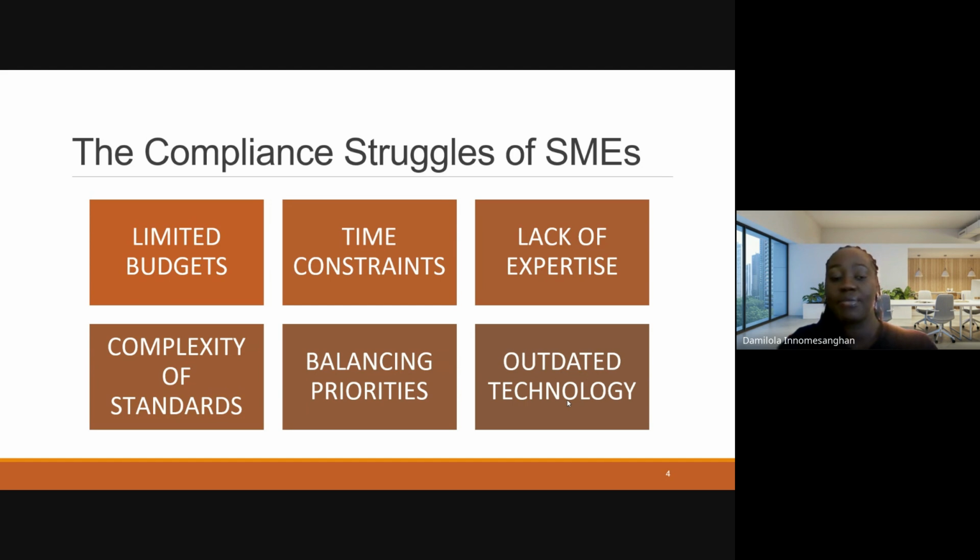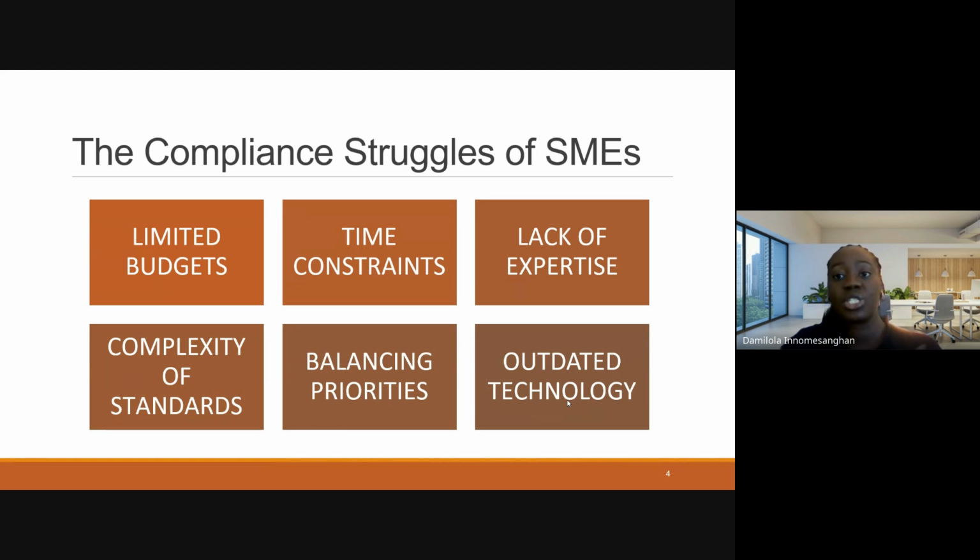Most small and medium-sized enterprises lack the financial resources to implement comprehensive cybersecurity solutions. They are unable to hire dedicated IT security personnel. Also, they have time constraints because of their lean teams and the multiple priorities that they have, which is usually to grow the business. They struggle to allocate time for cybersecurity initiatives.